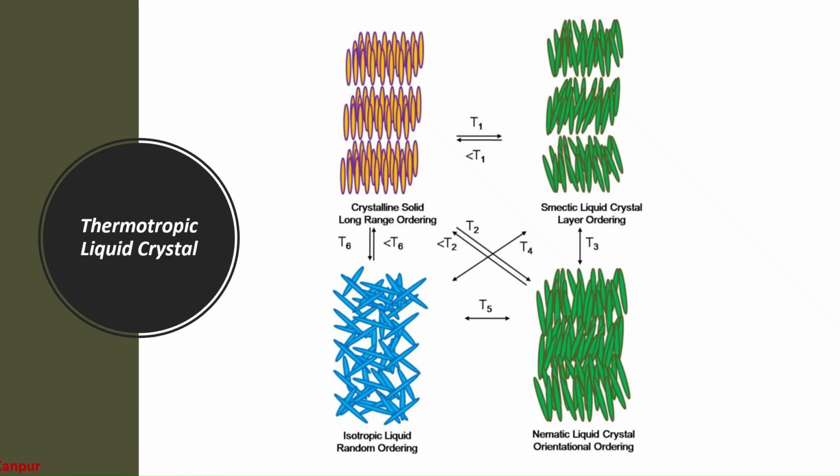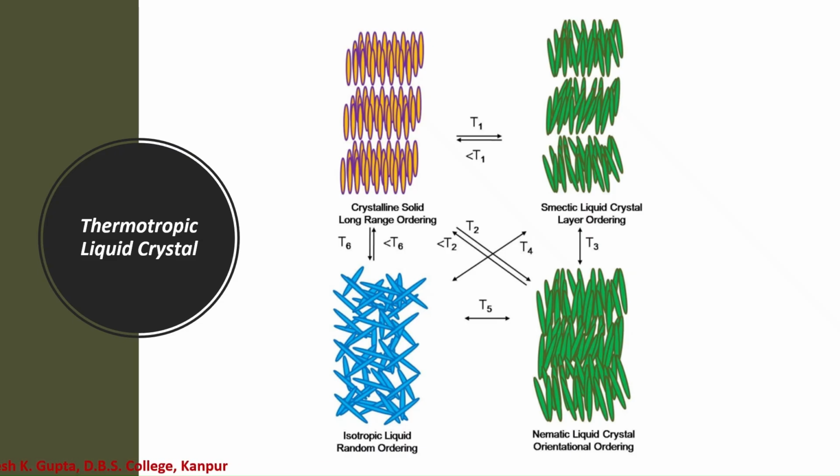This thermotropic liquid crystal shows a mesophase in a pure form, unlike the lyotropic liquid crystals. The essential requirement for a molecule to be a thermotropic liquid crystal is a structure consisting of a central rigid core and a flexible aliphatic chain.